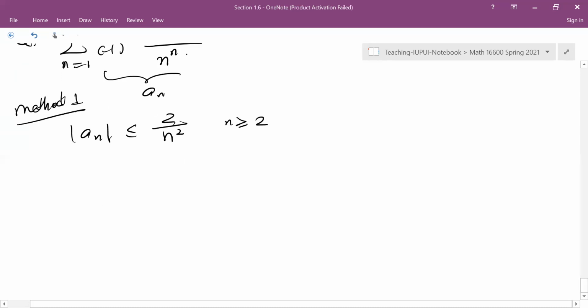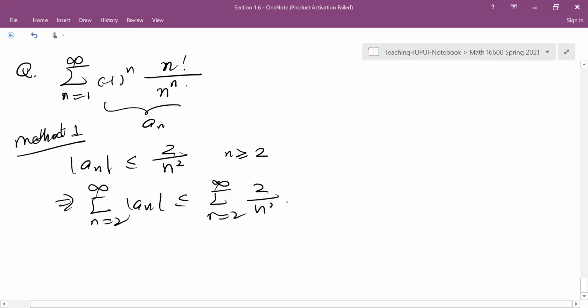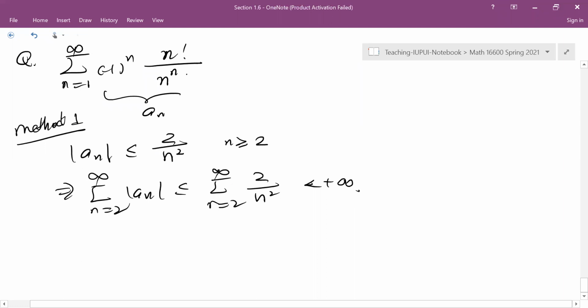Method number 1. Now, not everybody can figure this out. So this is where we compare with a p-series. Let me repeat this again. If we can figure out this inequality, then you're done.